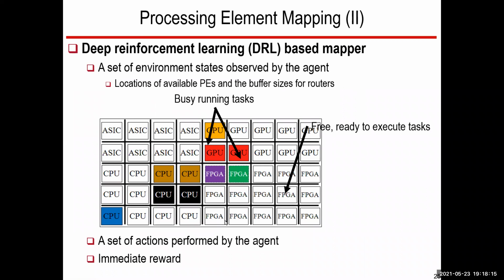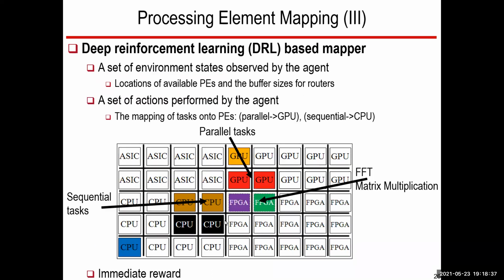In this deep reinforcement learning based mapper, we need 3 components. The first one is a set of environment states observed by the agent, for which we use locations of available processing elements and the buffer sizes for routers. The next component is a set of actions performed by the agent, for which we use the mapping of tasks onto PEs.